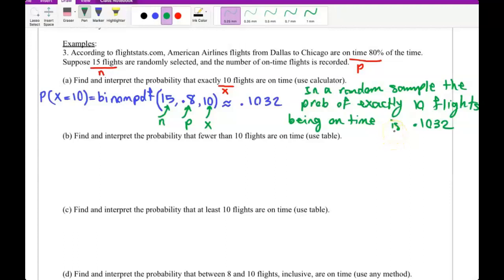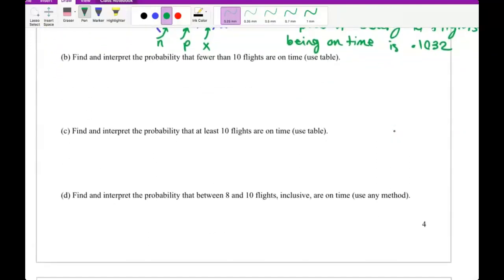Okay, now part B. Find and interpret the probability that fewer than 10 flights are on time. On this part, we want to use the table. Okay, probability that x is fewer than 10. So we have x less than 10. I don't have equal to. So that is equal to the numbers that are less than 10.